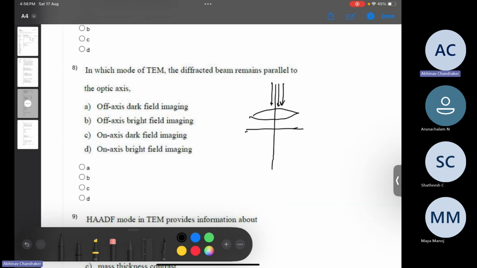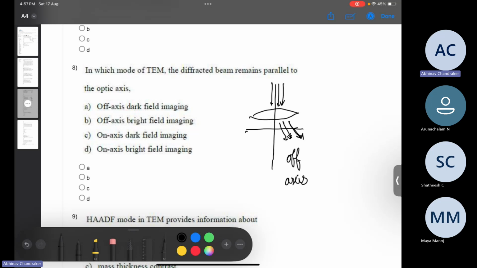And if the electron beam is coming along the axis, and in case diffraction is happening, the diffracted beam is not along the axis, it is at an angle, so we call it off axis.